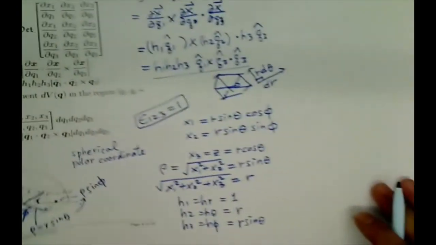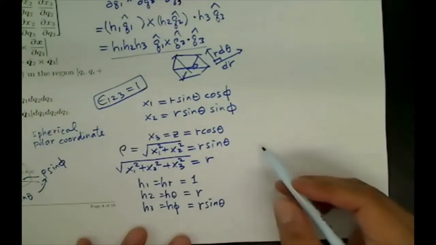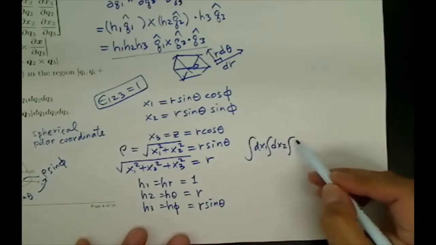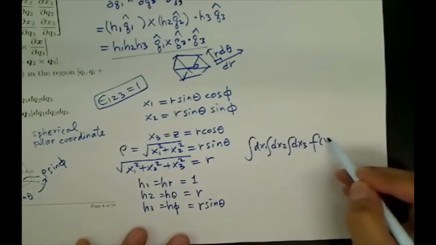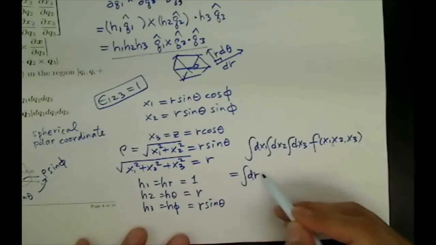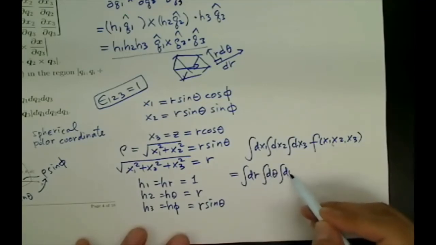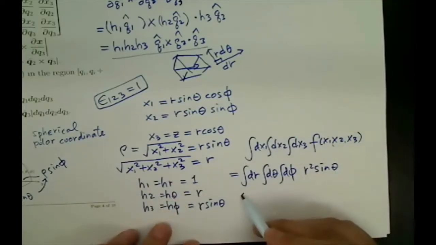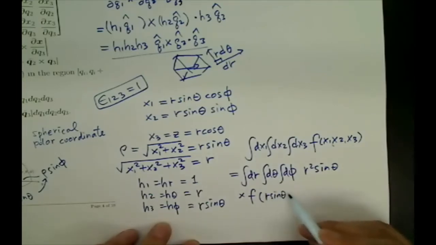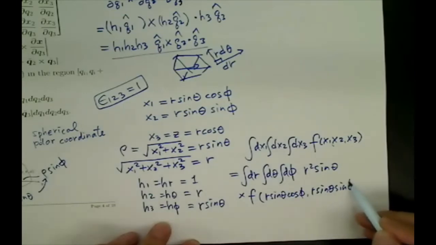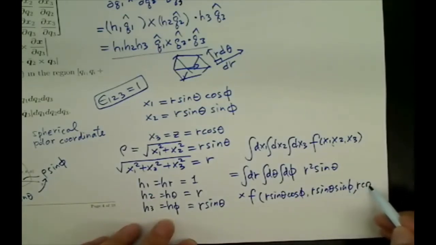So if I substitute this result in this formula, the integral of a function of x1, x2, x3 dx1 dx2 dx3 can be computed as dr dtheta dphi, with h1 h2 h3 being r squared sine theta, multiplied by the function of r sine theta cosine phi, r sine theta sine phi, and r cosine theta.